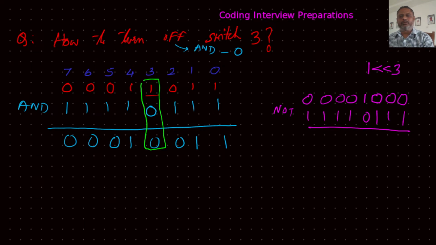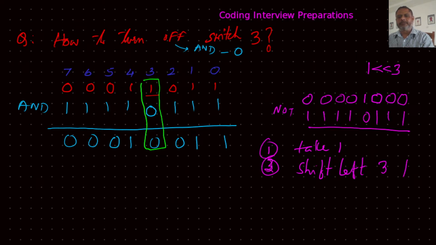What do you want to do? So the process is simple. You want the nth bit to be off. So take a 1 and shift that 1 to the left by 3 positions. Then take the inverted version of it.